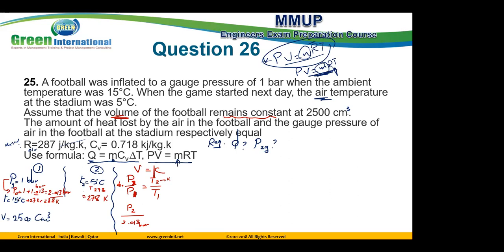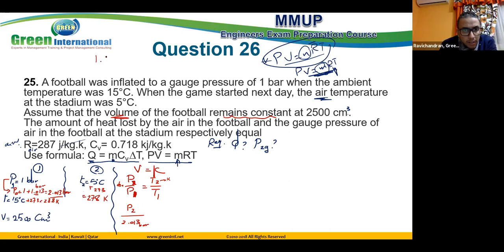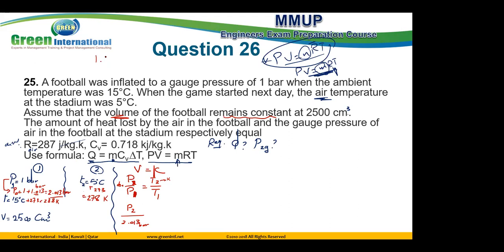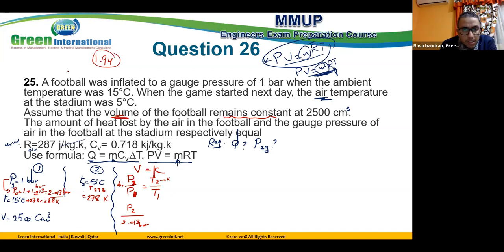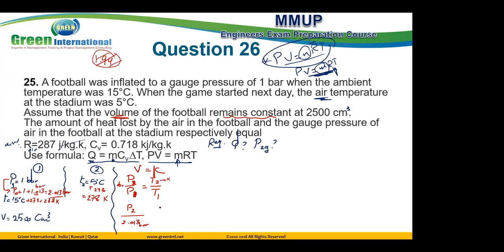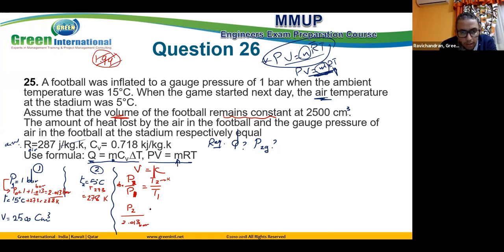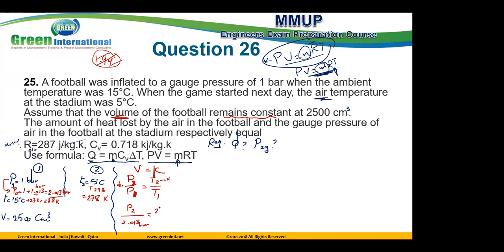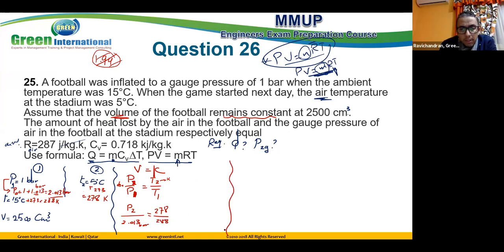The value comes 1.94. Yes, P2 at the end, the direct answer. So this P2 by this one equals T2 by T1, T2 is 278 and T1 is 288. So I just take it here.